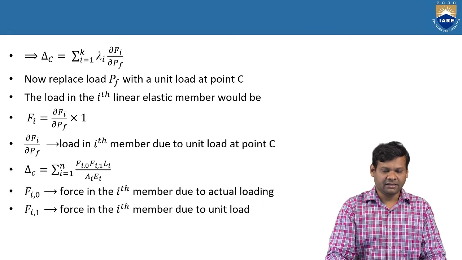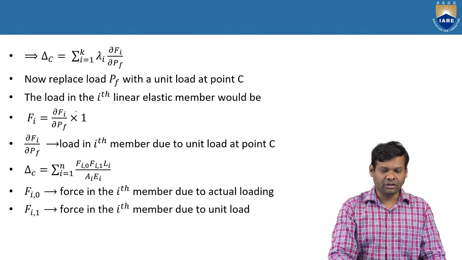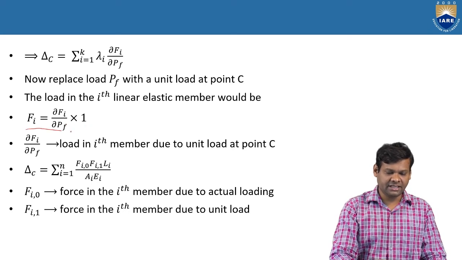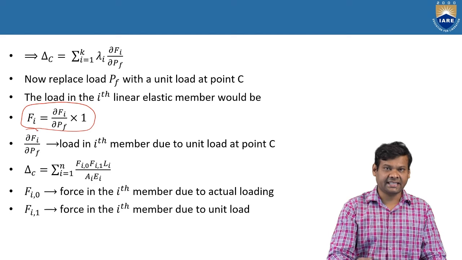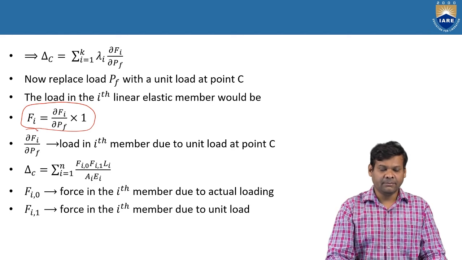And finally, the load in the ith linear elastic member would be Fi equal to dou Fi by dou Pf into 1. This is the force acting in the ith element because of the unit load Pf.